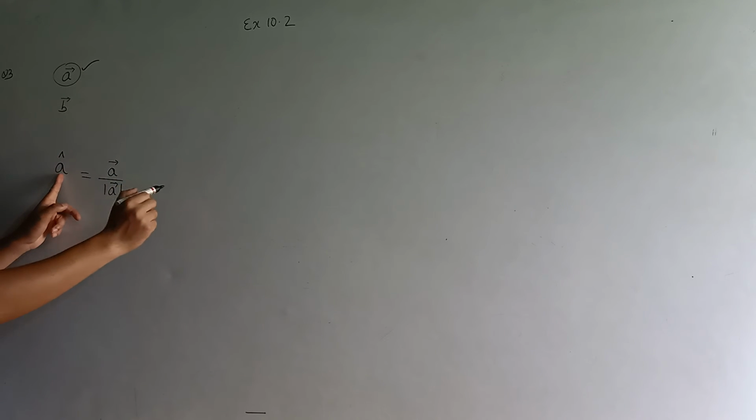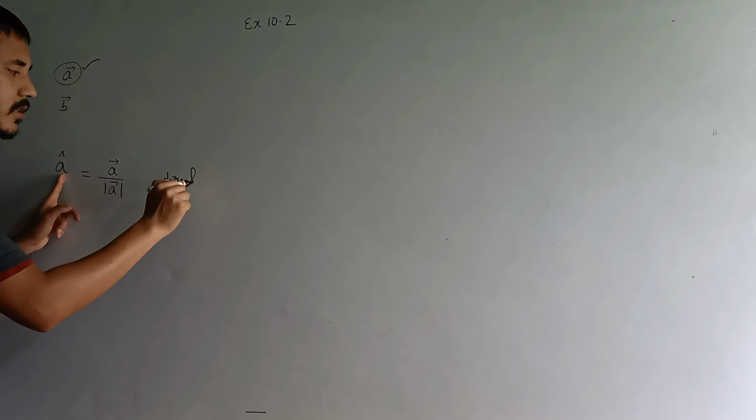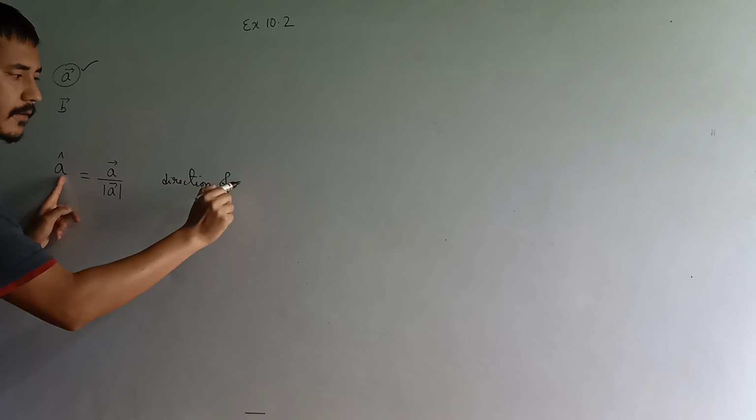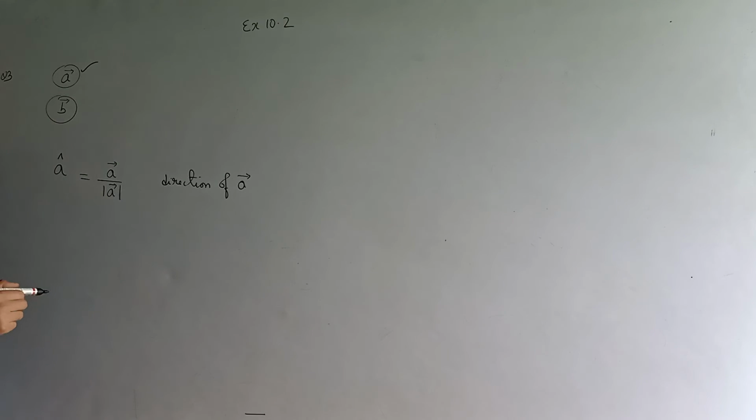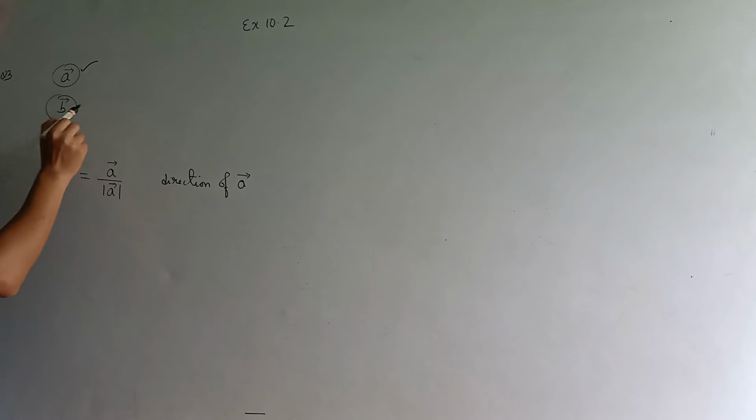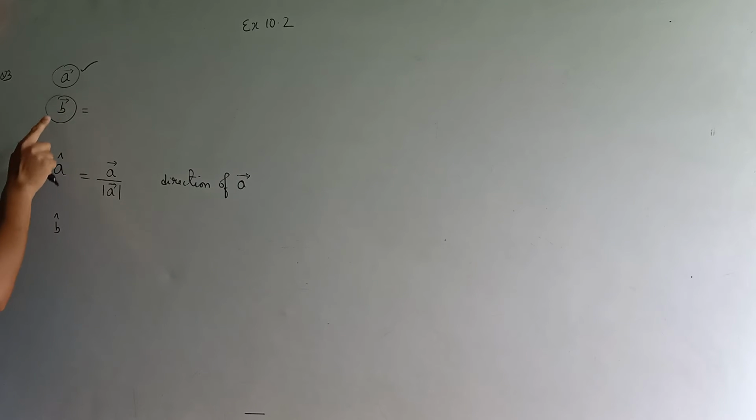So A cap will give you the direction of vector A, right? Similarly, let's find out the direction of this vector B as well. You can choose B to be any vector. And then you need to find out its direction, because the direction of vector B will be given by the unit vector B cap.